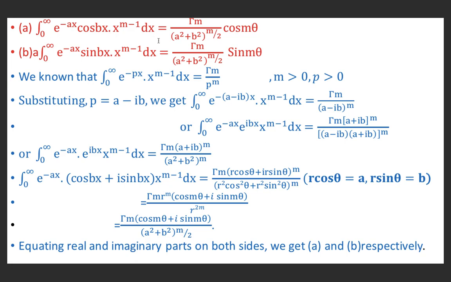This is result a. If we equate the imaginary part, then the integral from 0 to infinity of e raised to minus ax sin bx x raised to m minus 1 dx is equal to gamma m sin m theta upon (a square plus b square) raised to m by 2, which is nothing but result b.